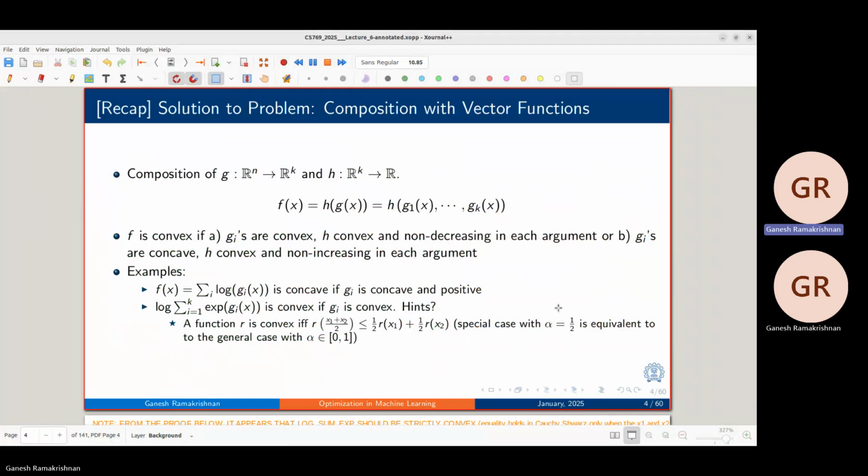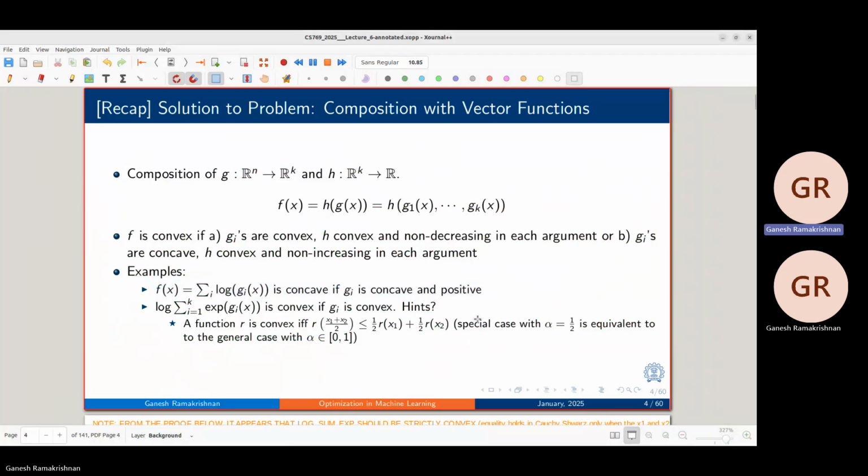Exception, I should write it in. The exception is that concave g would mean non-increasing h. That should be good enough to remember here.